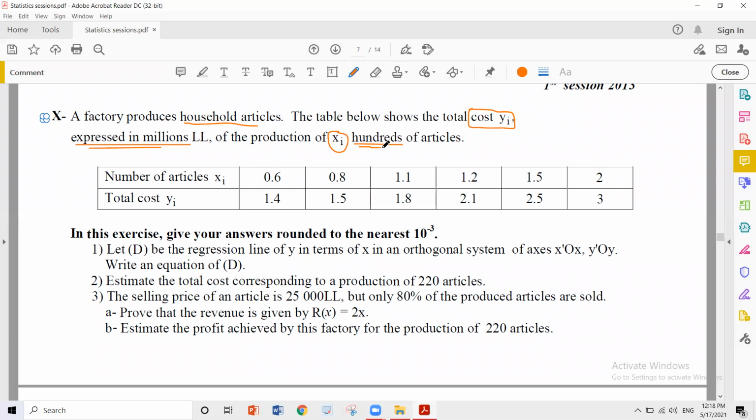So X is in hundreds of articles, while Y_i, the cost, is in millions of Lebanese lira. يلا please دخلوا هدول على الكالكوليتر in order to solve.